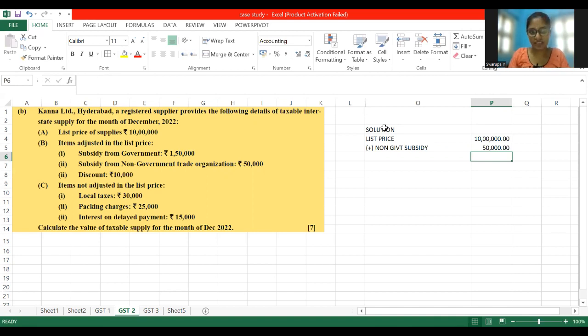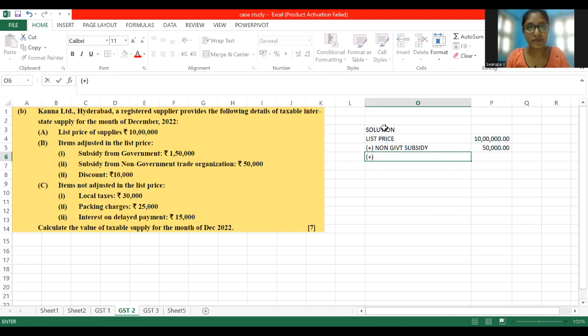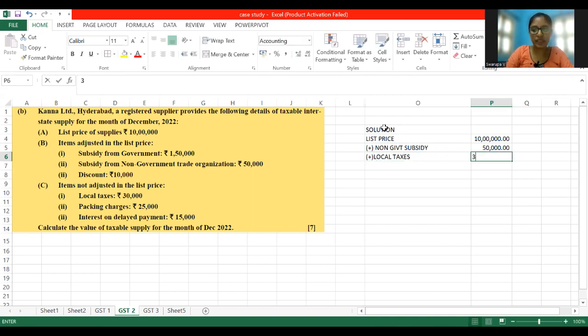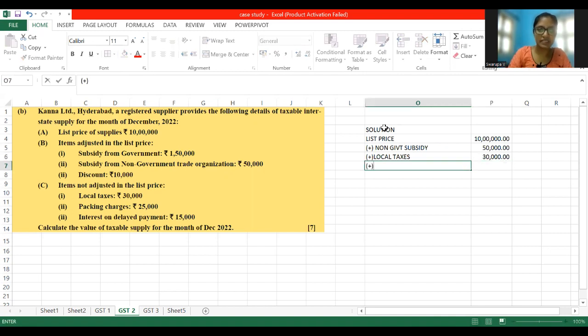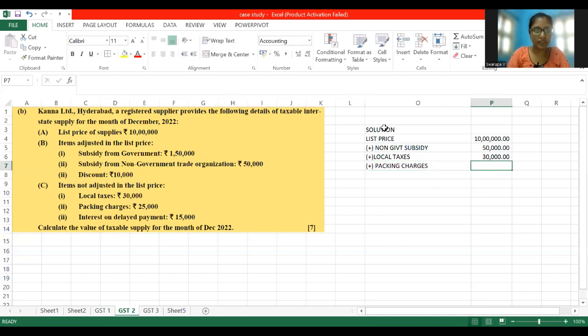Items not adjusted in list price. So these are the items which are outside the list price. So if it is to be included as per section 15, I have to add it back. Local taxes, to be included. Packing charges is an incidental expense, so it has to be included in the value of taxable supply.